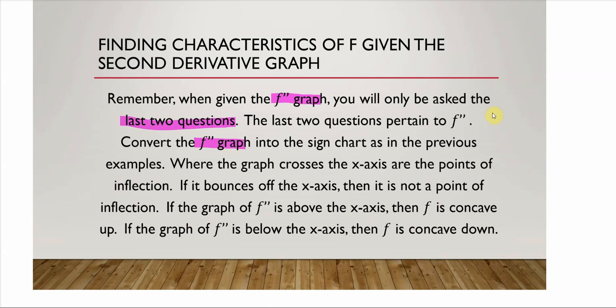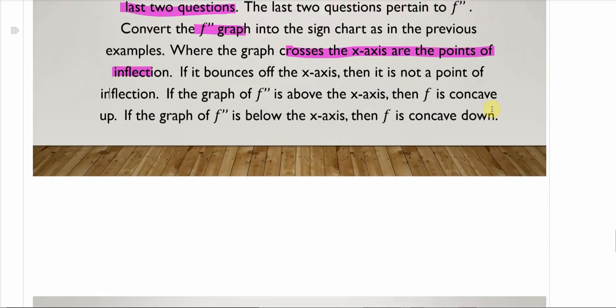Where it crosses the x-axis are going to be called the points of inflection. If it bounces off, then it is not a point of inflection. I have to stress that because if it bounces, that means it's not changing concavity, it's not changing sign. Now if the graph of f double prime is above the x-axis, then f is concave up. If it is below the x-axis, it's concave down. So we're actually doing the sign chart.